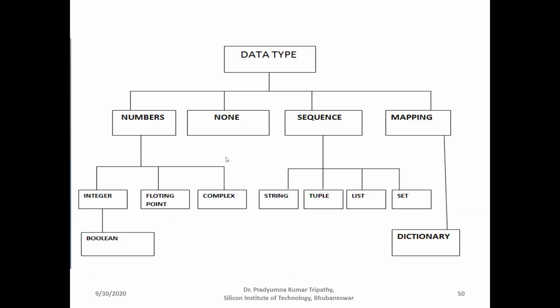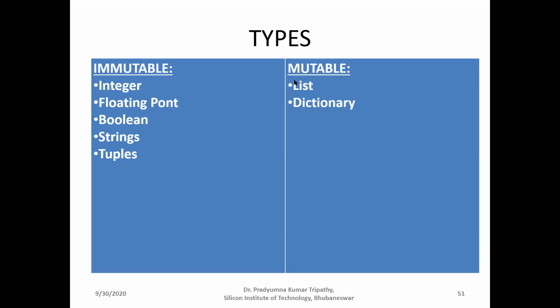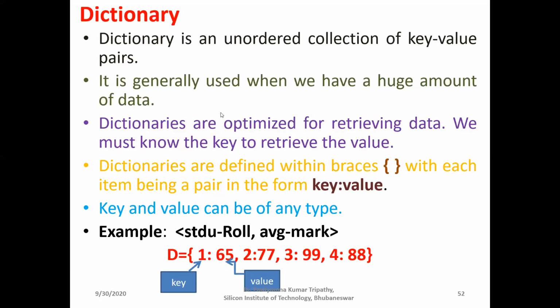So out of these data types, some are mutable and some are immutable. Which are immutable? All these are immutable, whereas list and dictionary are mutable. We can change the content over here. So here it says that a dictionary is an unordered collection of key value pairs.